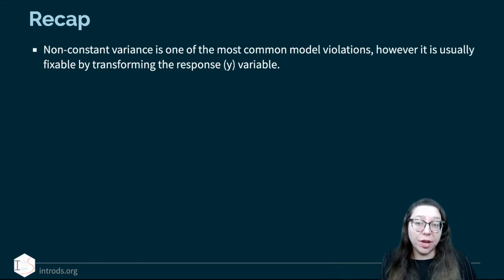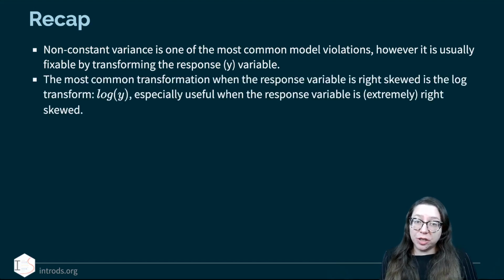So to recap, non-constant variance is one of the most common model violations. However, it's usually fixable by transforming the response, so the y variable. The most common transformation when the response variable is right skewed is the log transformation, so that's log of y, and it's especially useful when the response variable is extremely right skewed.